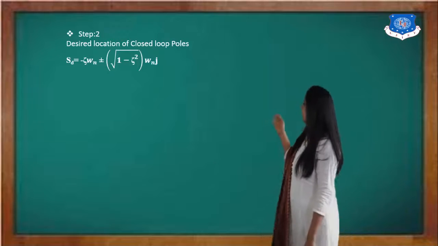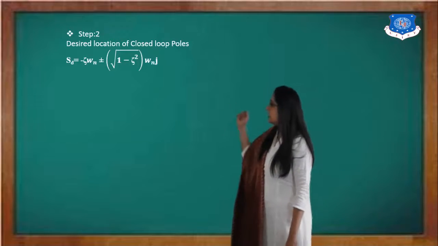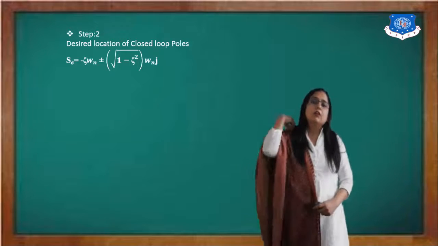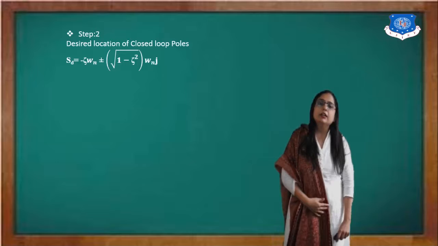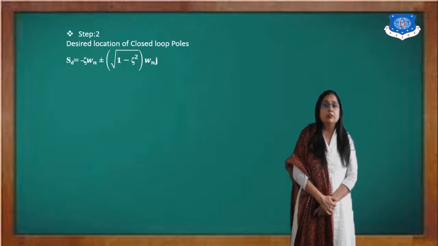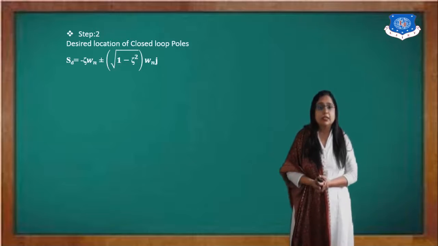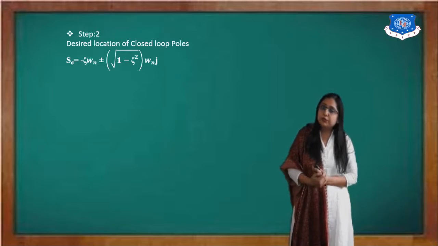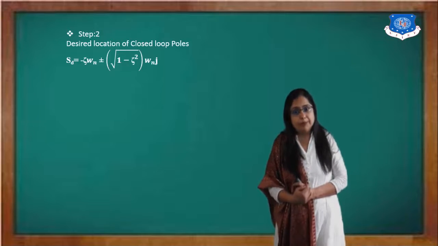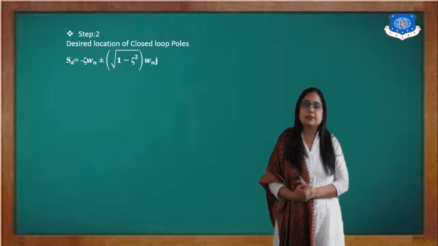Now what is the equation? That is sd equal to minus zeta omega n plus or minus j omega n under root of 1 minus zeta squared. Now here we do not have the values of zeta and omega n, right? But if you remember, in the question we have the values of Mp and Ts.